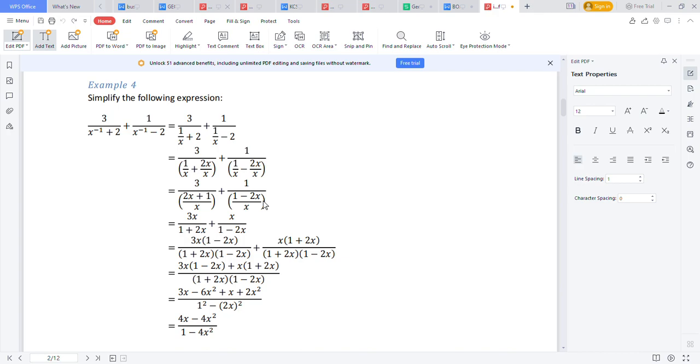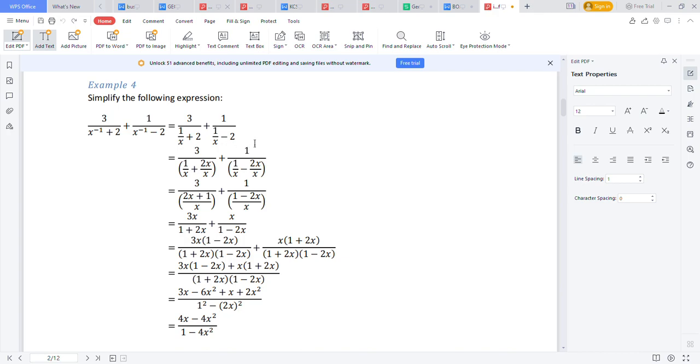The first thing you're supposed to know is that any number raised to negative 1 is the same as the reciprocal of that number. So that is the very first thing to do here: 3 over 1 over x plus 2, plus 1 over x minus 2.